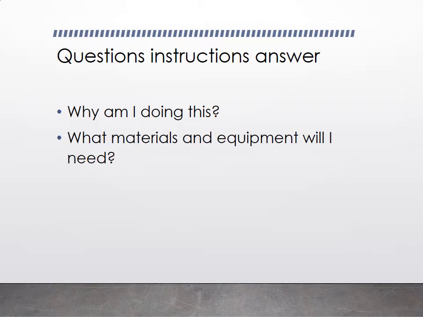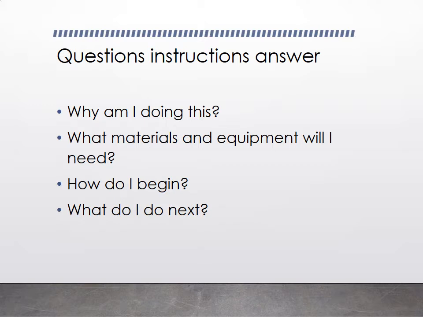They need to know if there are any materials or equipment that are required, perhaps even if there's any prerequisite experience or anything you have to have done before you can start this series of instructions. You need to know how to get started, you need to know how to proceed, and you need to be able to avoid difficulties that can arise, especially if those difficulties result in anything hazardous.